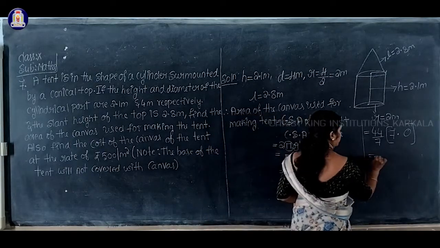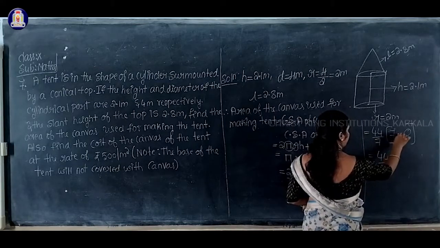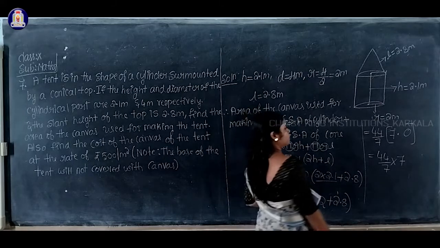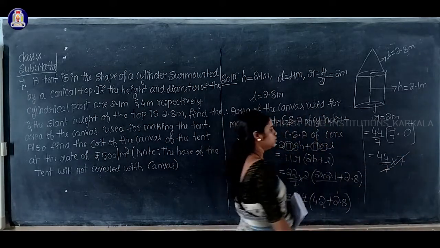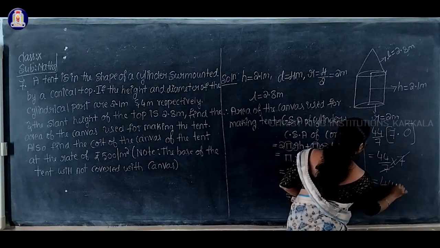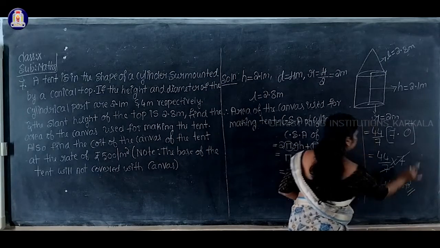So this is equal to 44 by 7 into 7.0, which is nothing but 7 itself. Okay. So therefore 7 and 7 cancelled. So therefore what is the remaining value? 44.